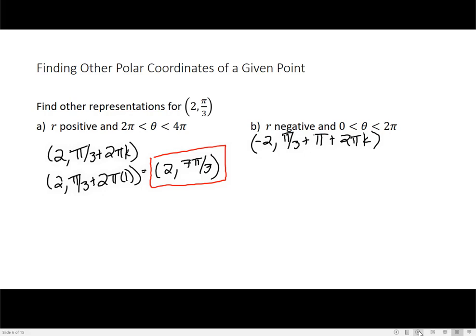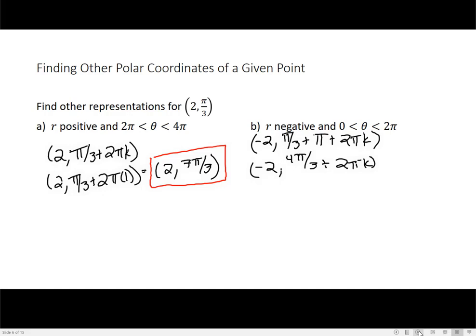So first I'm going to simplify the pi thirds plus pi, and I get 4 pi over 3. Okay, but I only want my angle to be between 0 and 2 pi. And notice that if I let k be 0, I'm going to get 4 pi over 3, which is within my interval.